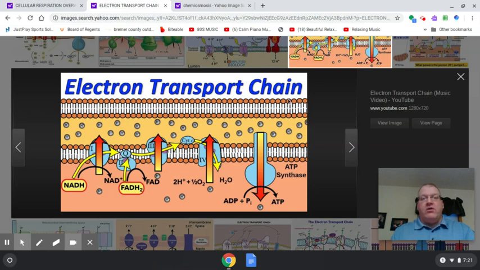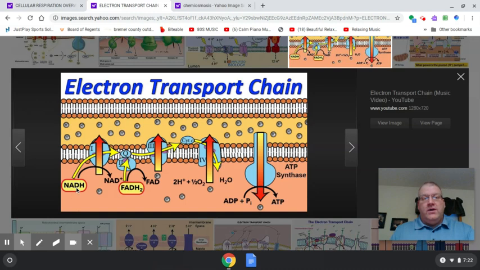Okay, here we have our, this would be our outer smooth membrane. This would be our inner convoluted membrane. Okay, in tan here is the inner membrane space. And in what looks kind of like a peachy salmon color is the mitochondrial matrix deep inside the mitochondria. So here are the electron transport chain enzymes embedded in that inner mitochondrial membrane.